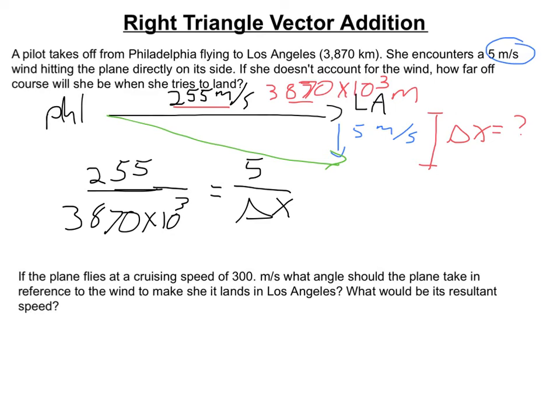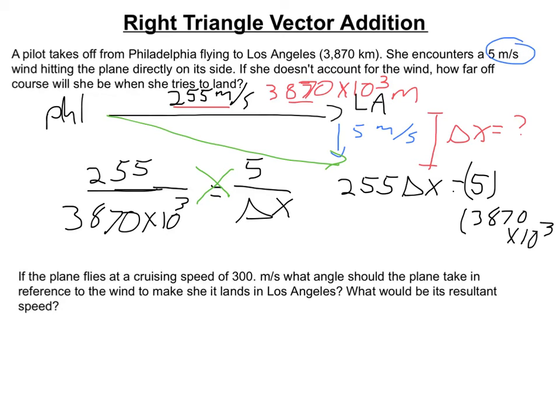The way I do that, remember, cross multiply. So I'm going to crisscross here, come out with 255 delta x equals, and now I'm going to run out of space, but 5 times 3,870 times 10 to the third.